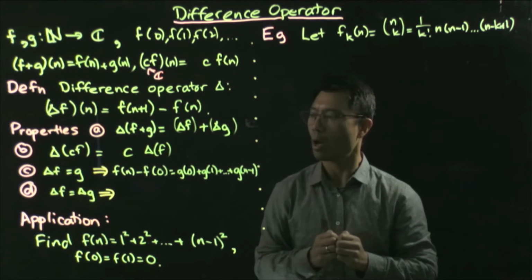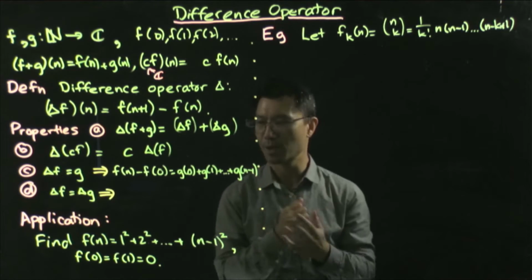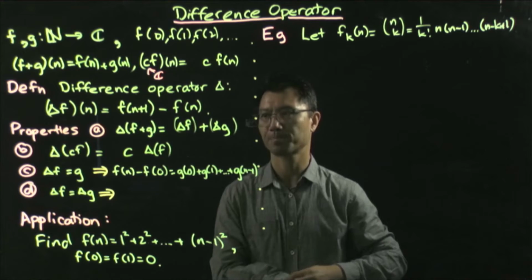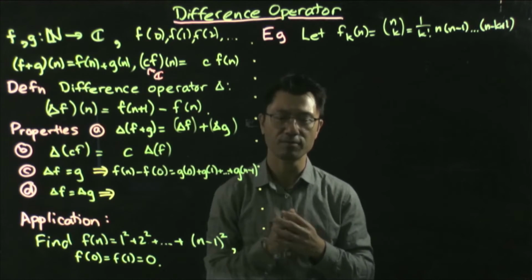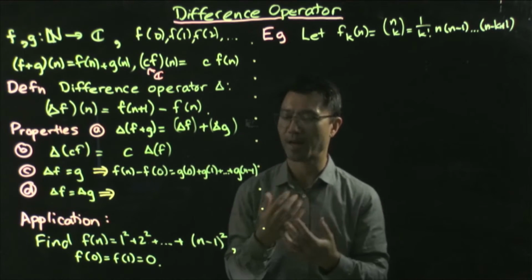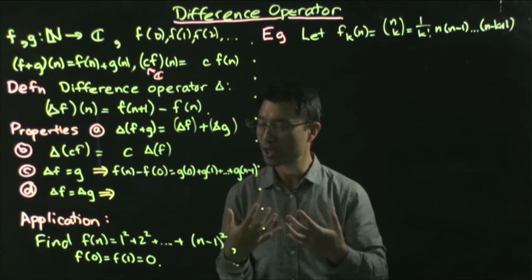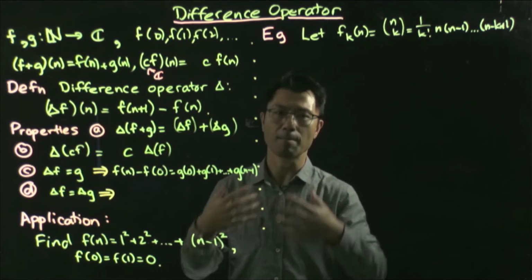Okay, so the other thing that really makes the analogy with differentiation is part C here. What you know from the fundamental theorem of calculus is that differentiation and integration are opposite. So here, taking consecutive differences, what's going to be the opposite of that? Well, it turns out to be a discrete version of integration, which we should think of as partial sum.